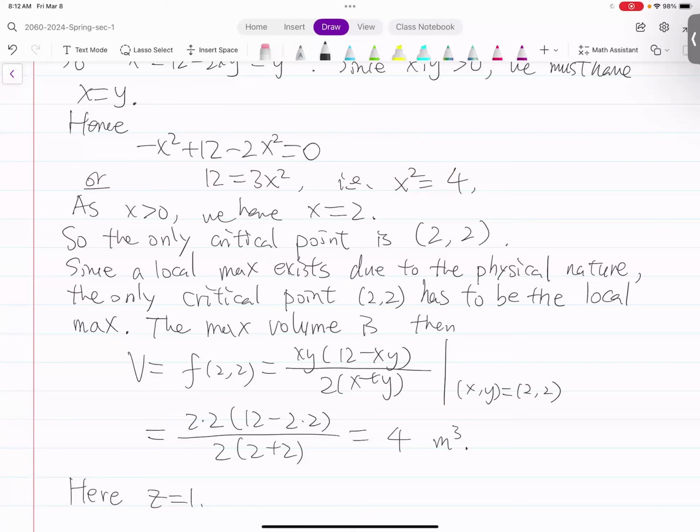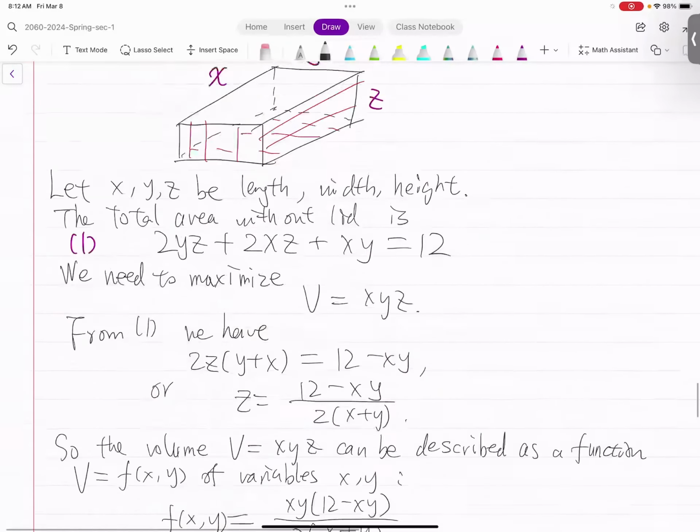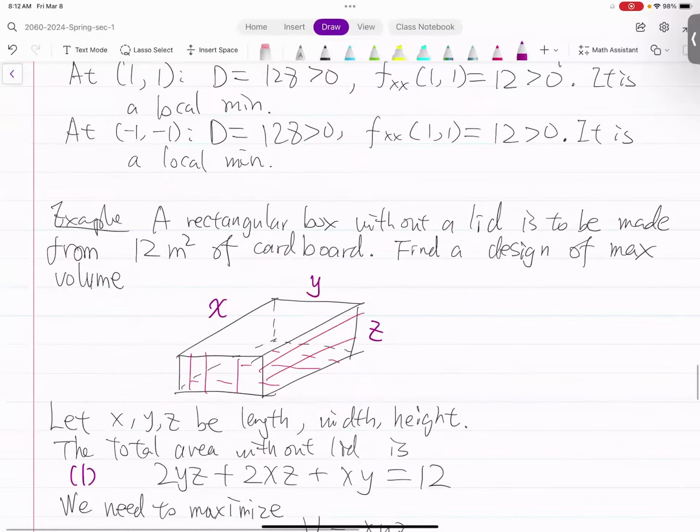Yes. I'm sorry, do we need to find z? Well, let me see. So the question here is whether we want to find z or not. I do recall that we want to find the design with the maximum volume.